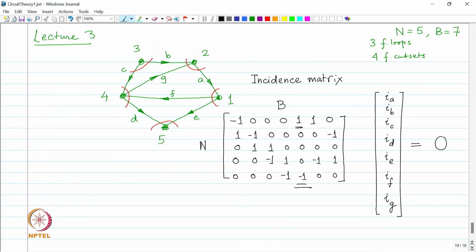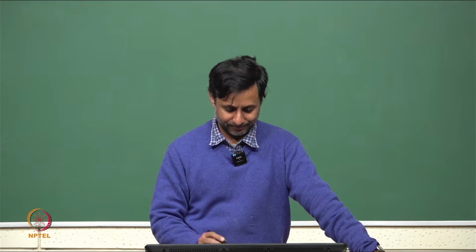Okay. But look at the structure, every column has a single plus 1 and a single minus 1. Can you tell me when is it plus 1 and when is it minus 1 and when is it 0? Let us examine a single column, right.